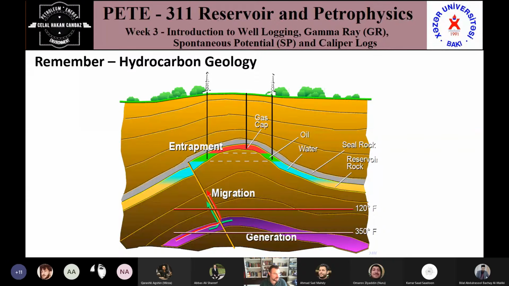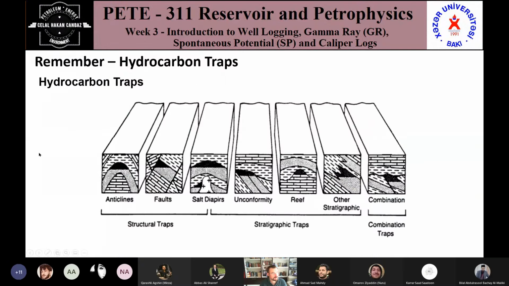Okay, the second one, hydrocarbon traps. As you know, we have many types of hydrocarbon traps, like anticlines. This is the most common, around 70% of all reserves are in this type, right? Anticlines.